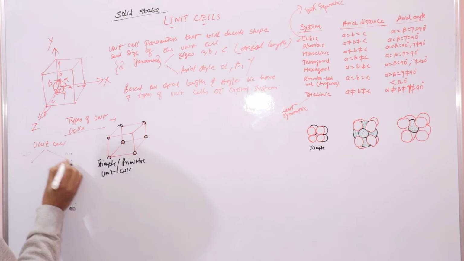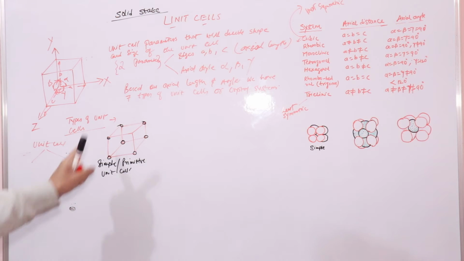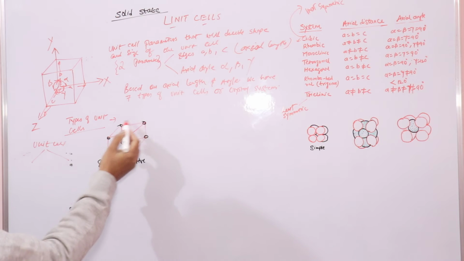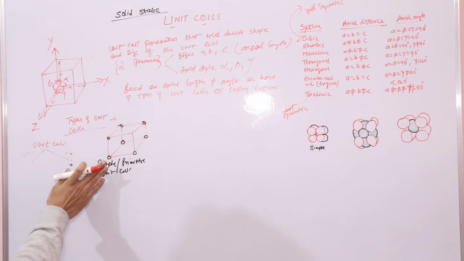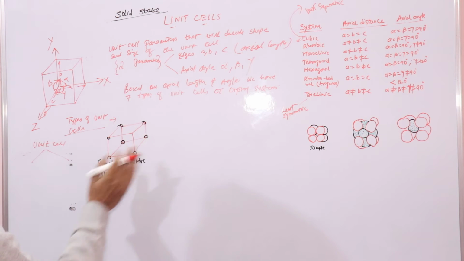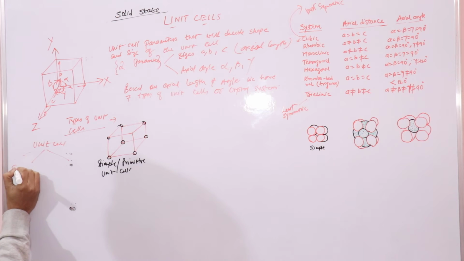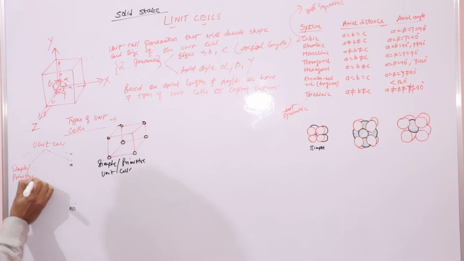We have two types of unit cells based on the location of these constituent particles. If the constituent particles are present only at the corners, we call it a simple or primitive unit cell, right?